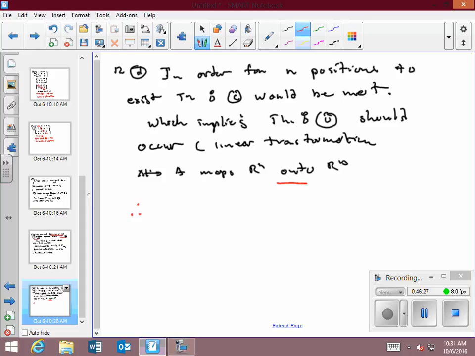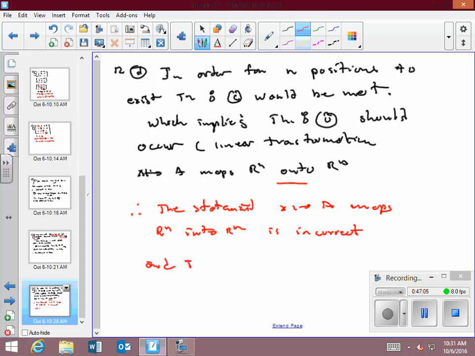Therefore, the statement that x into Ax maps R^n into R^n is incorrect. And the statement is false.